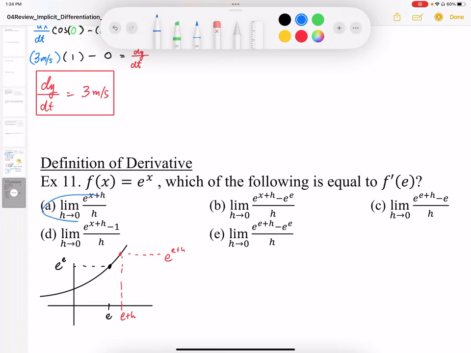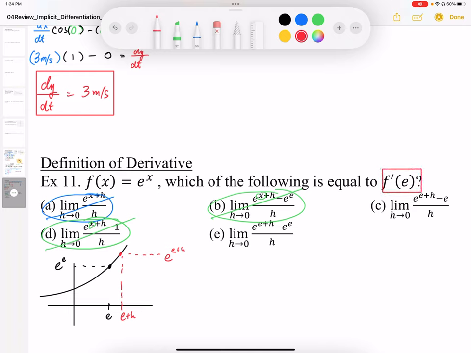The reason it's not a good option is because there's not even a slope ratio or difference that we're finding in A. The rest of them do have differences, but we have to make sure we know which one's going to generate the slope at e. So looking at D and B, we can see that they have x's in them. So these are going to generate general expressions or functions of x. And we actually want the actual slope at e.